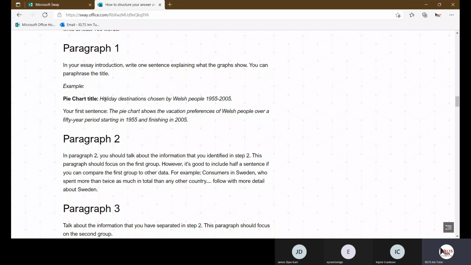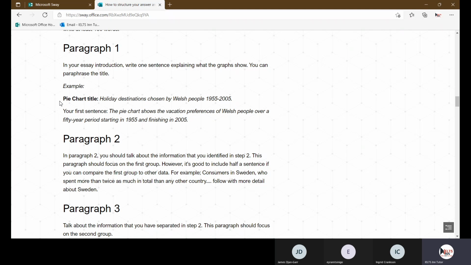Some of the charts will have a title apart from the question. So here, when they say paraphrase the title, they mean the title that was given to the chart, not necessarily the question. But some do not have a title, so you have to paraphrase the question.